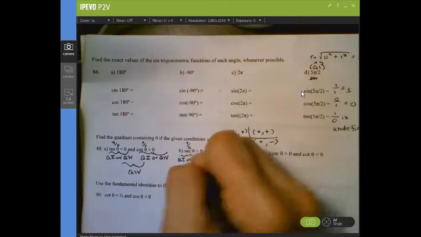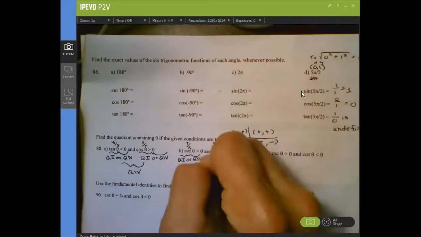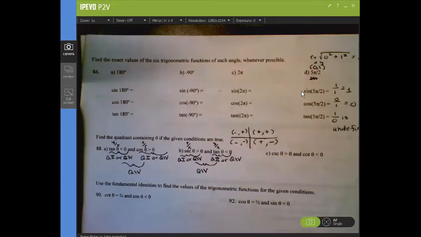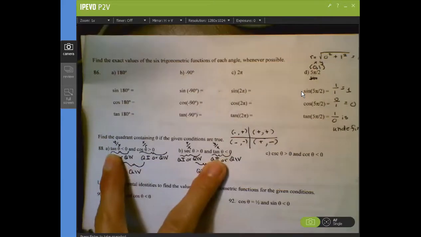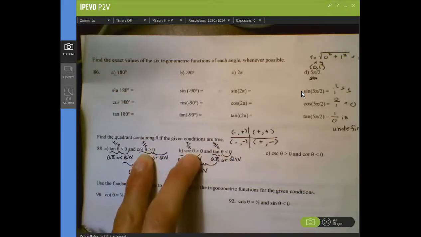So what single quadrant satisfies both conditions? It just happens to be quadrant 4 again. That makes sense because both of these problems had tangent being negative, and wherever cosine is positive, secant's going to be positive as well.